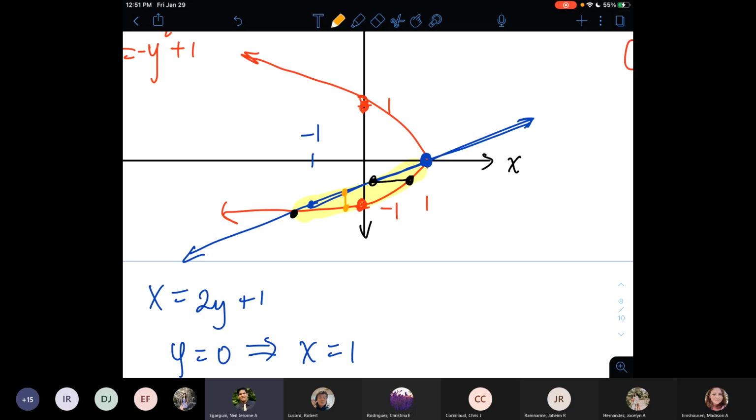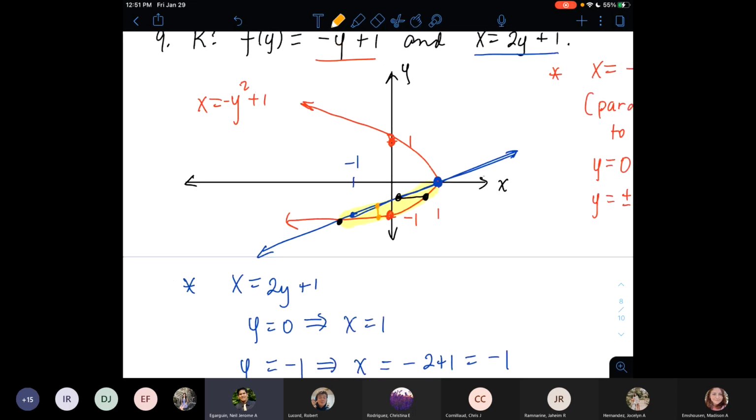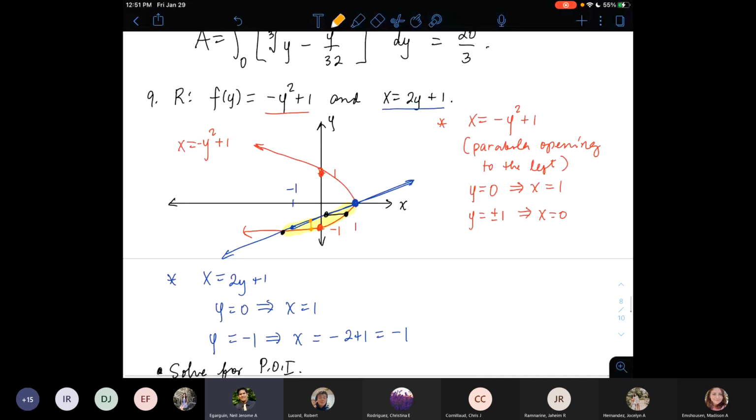But the only difficulty there is that the functions are given in terms of y. So if we insist on using vertical strips, we need to solve for x in terms of y.